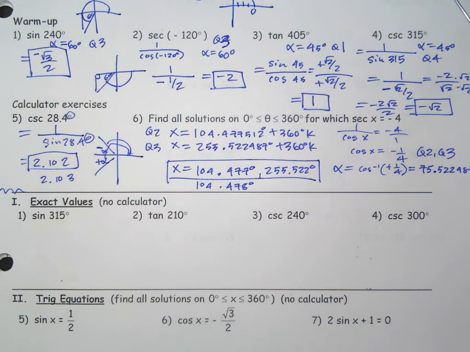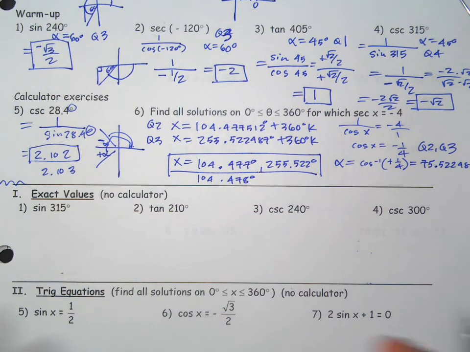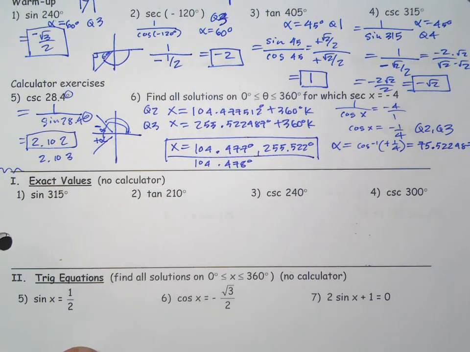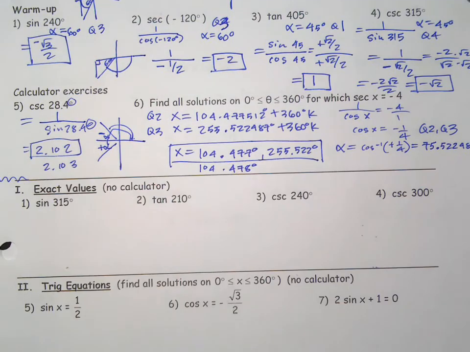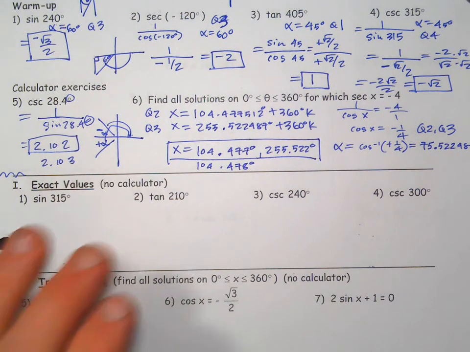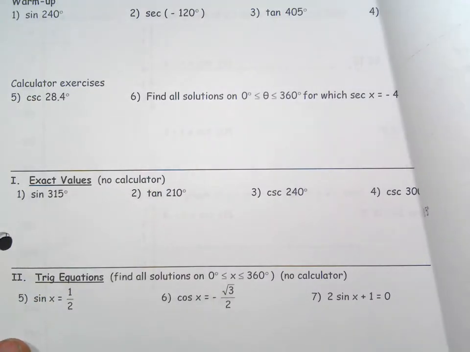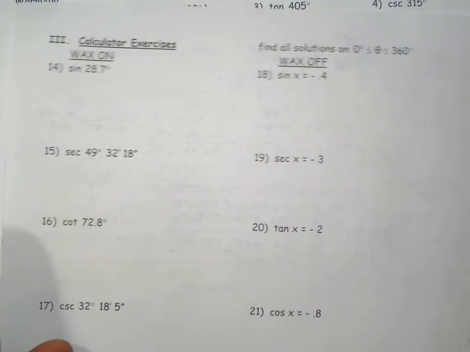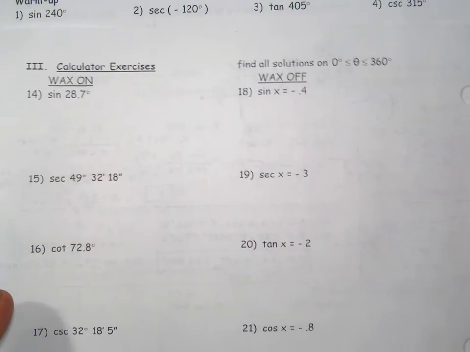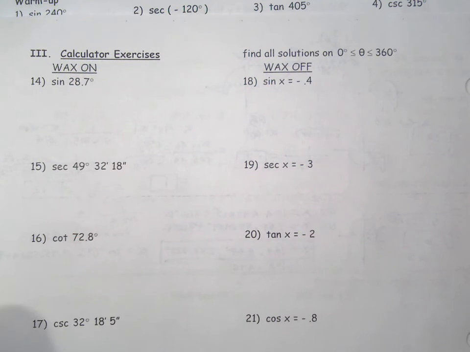So tonight's homework is some more practice on what we've been doing. This is your chance to get really good at this stuff. These are no calculator. These are no calculator. The problems in the back are calculator. And the wax on, wax off reference is a Karate Kid reference.